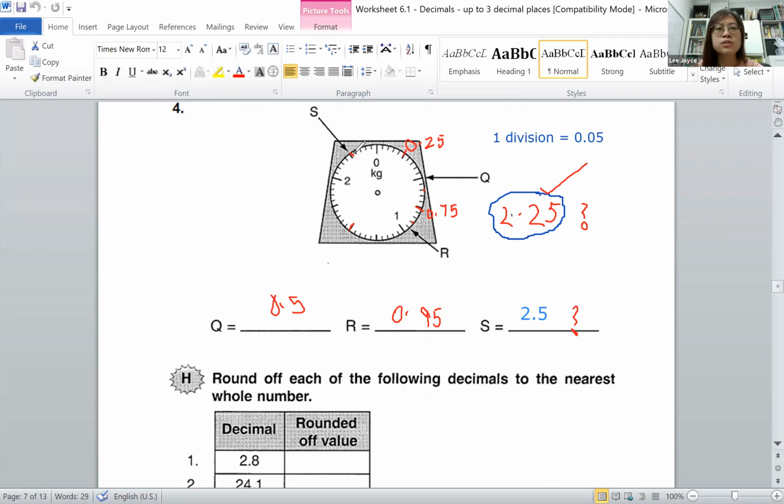But usually it will not be like that, because in the instrument there's a limitation in manufacture, so they change the division to another division. All right, the division must always be consistent. If every one division represents 0.05, then it must follow 0.05 throughout. Got that? Okay, so that's how we get the answer, 2.25.